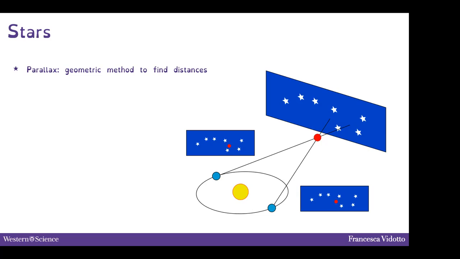The point is that you have to check how the apparent position of your reference object is shifting with respect to the background. This is what is happening here. If you have a certain star, and you see that its apparent position is moving with respect to the fixed stars, which are simply the stars that are even farther away, then by studying this shift of position, you can derive how far away that star is.